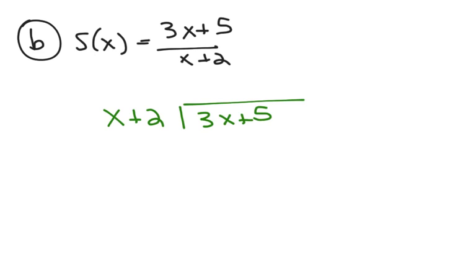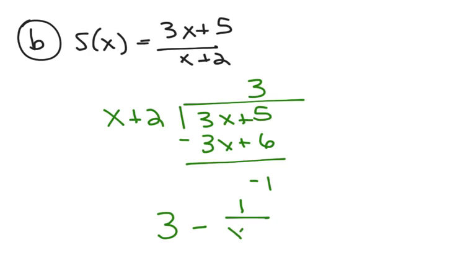So how many times does x plus 2 go into 3x plus 5? Well, it goes in 3 times. So then I multiply the divisor by 3, and then I subtract, and I find out that the remainder is negative 1. So the new function is actually 3 minus 1 over x plus 2.